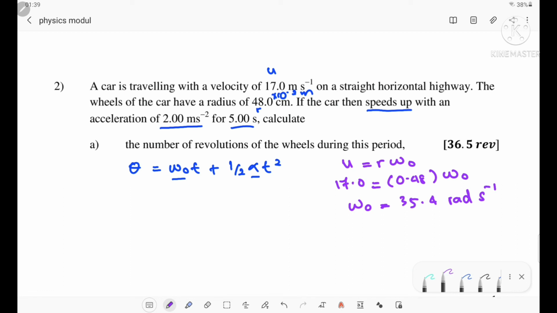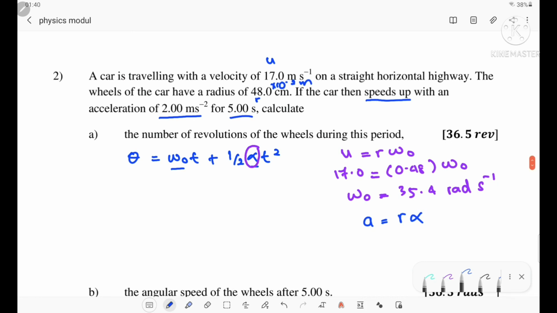And then for alpha, or angular acceleration, we also need to calculate from the relation between acceleration and angular acceleration: a is equal to r alpha. So we have acceleration 2 meters per second squared equal to r, which is 0.48, times alpha.